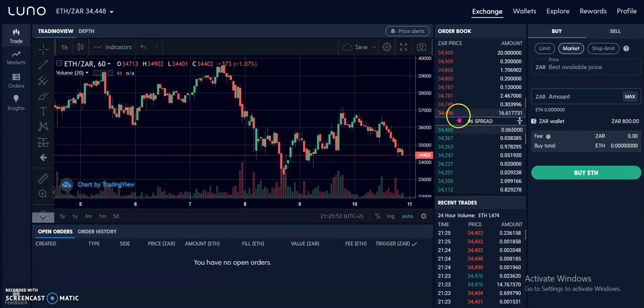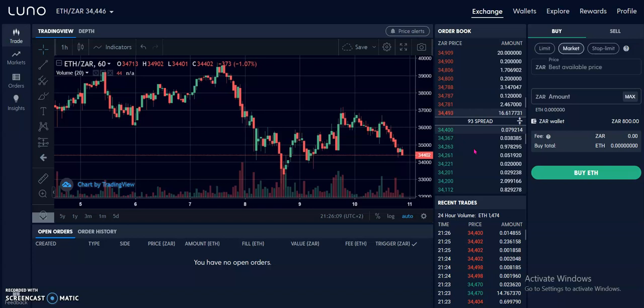At the point where the buyer and seller agree on a price, the spread will be zero, and that's when the trade actually activates.